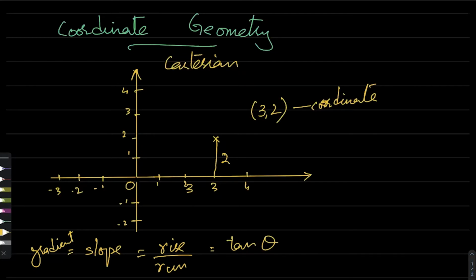And basically what you're doing is that if I were to join origin with this line, then how steep is this line? That is the ratio that is telling me. So comparing this to, let's suppose, this line, the second line is much steeper. And that is because I say its gradient is higher or its slope is higher. So the rise that I have to do, which is 4 steps now, is more than the rise I had to do in that one. So this is a degree of how steep the line is.